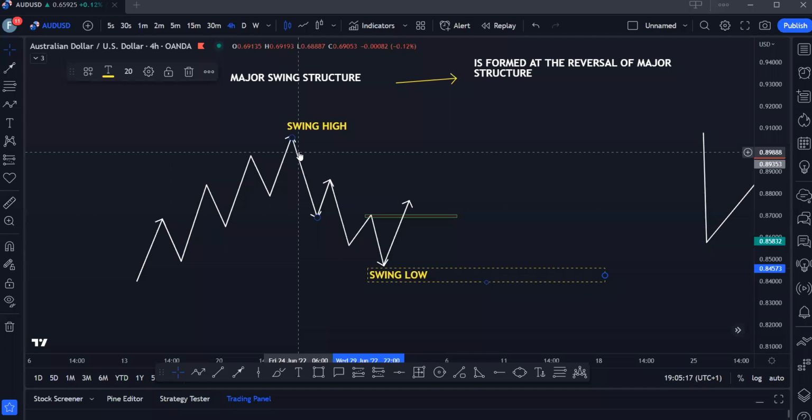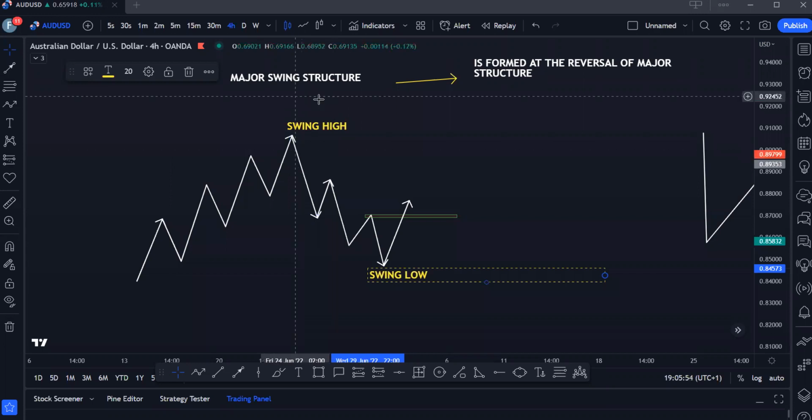Major swing structure is a deeper level of structure above the major structure, and the major structure is a deeper level of structure than the minor structure. So when you want to know the real structure of price, you want to really look at price action. That means you are dealing with the swing structure, the major swing structure.